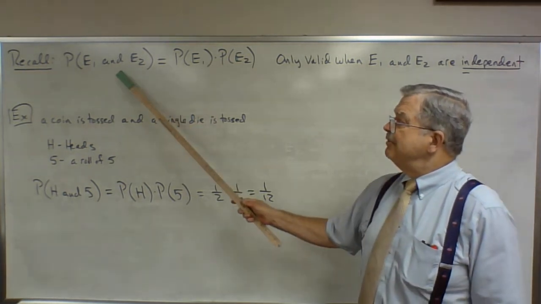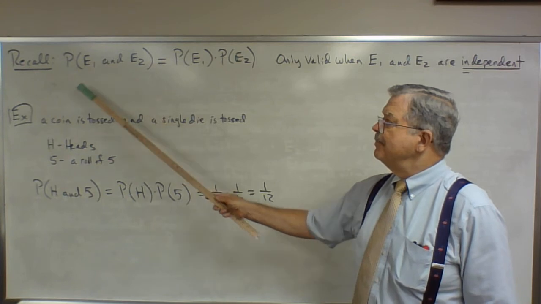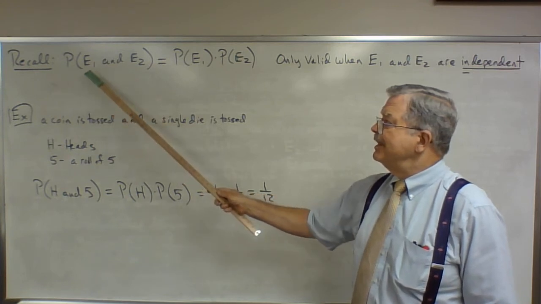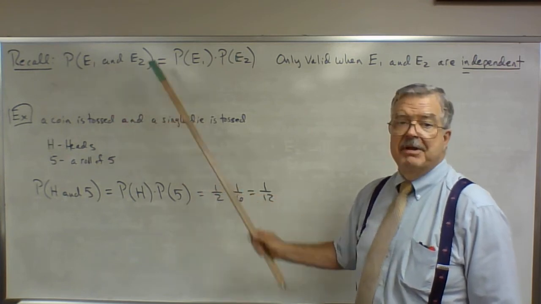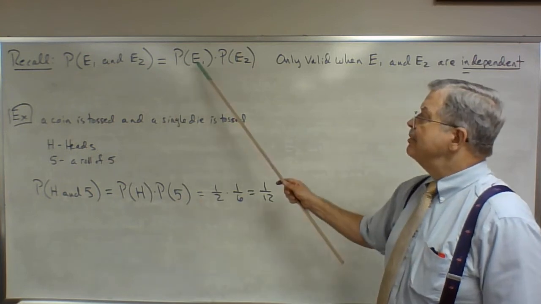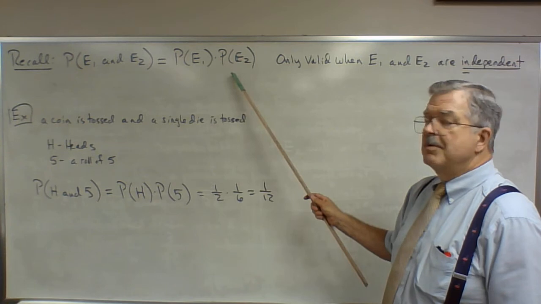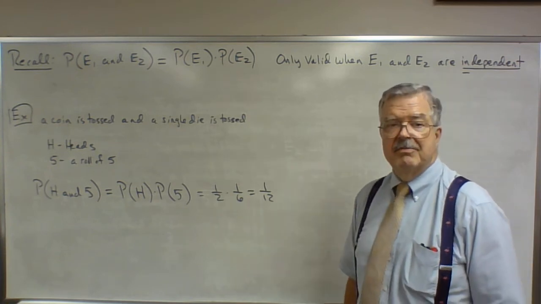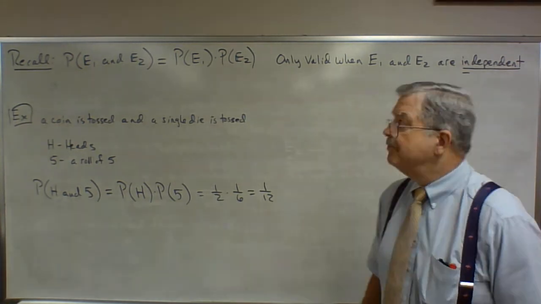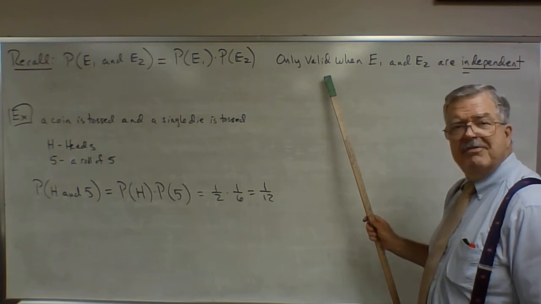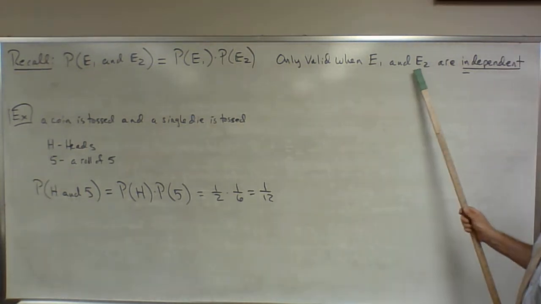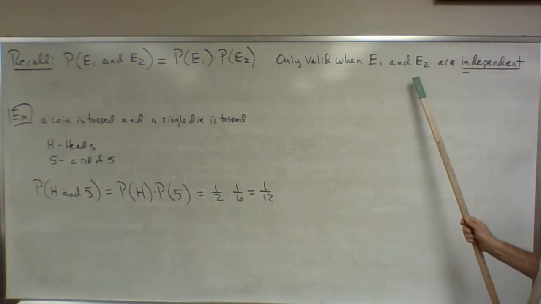In the previous lecture, we had the formula, the probability that E1 and E2 happen is equal to the probability that E1 happens times the probability that E2 happens. And that's true provided that E1 and E2 are independent.